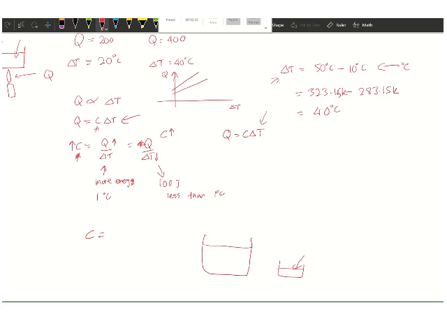So we should actually compare with the same amount of quantity.